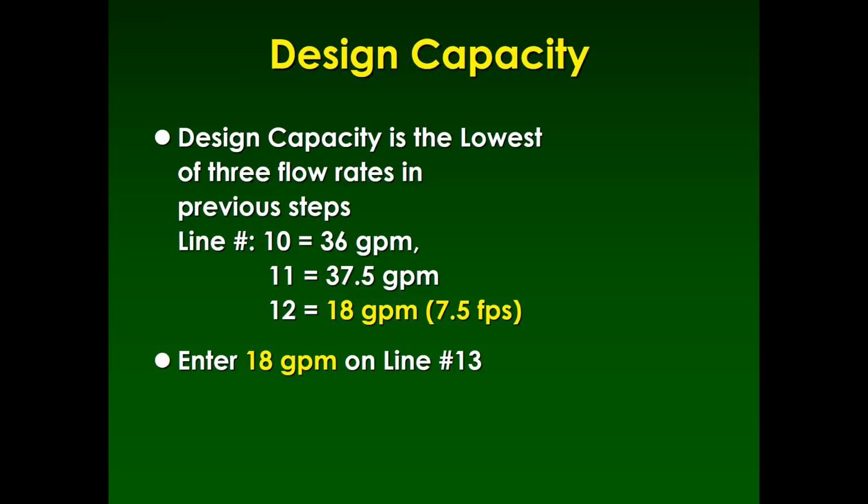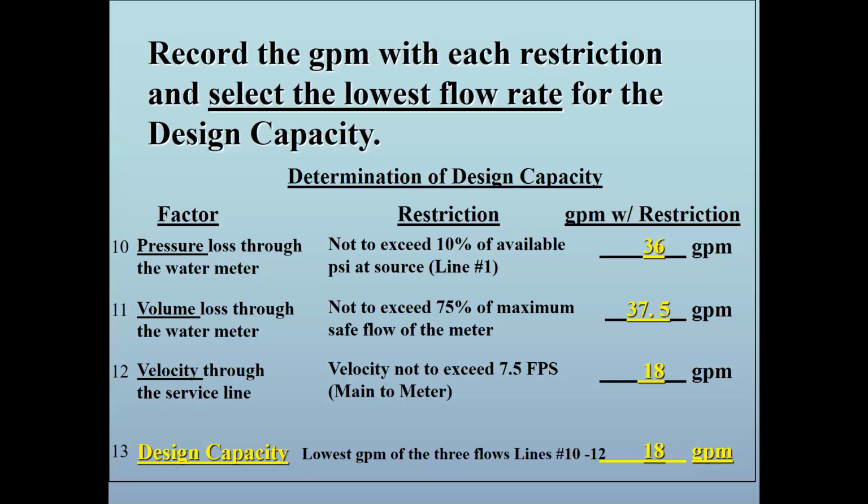So our meter is not restricting us, the velocity of the meter is not restricting us, but our service line is restricting us. If we made a bigger service line, we could get more flow. So line 13 should have 18 gallons per minute. So 36, 37.5, and 18. Our design capacity is 18.